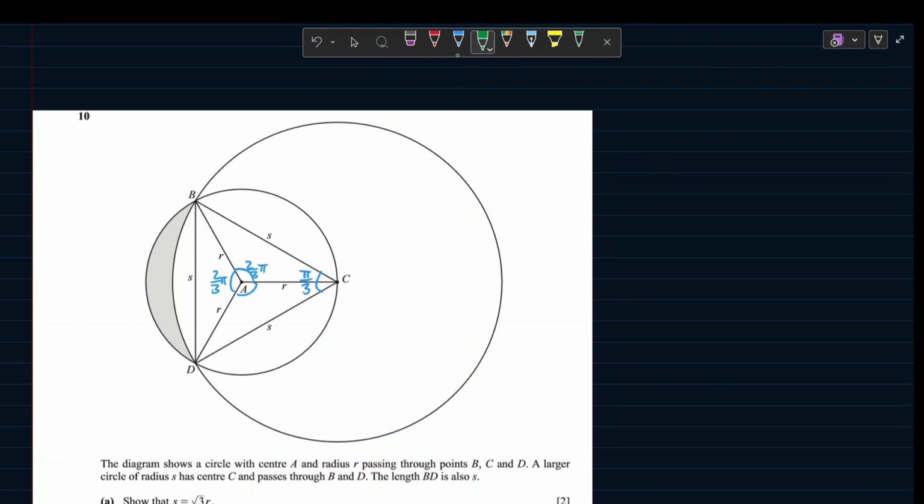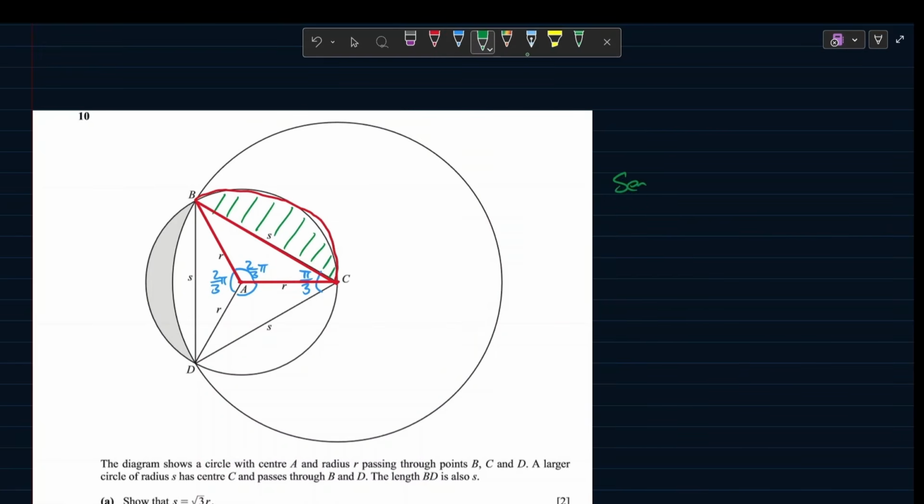What we're interested in is finding this region here, the segment. So to get that segment, I'm going to do the sector A, B, C, right? And then I have to subtract the triangle that's inside, and that will leave me with a green region.